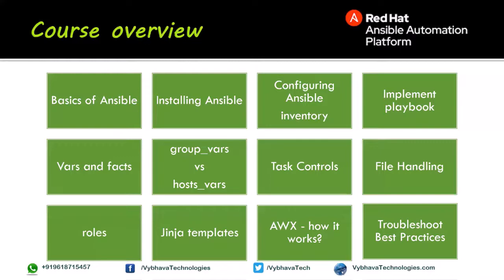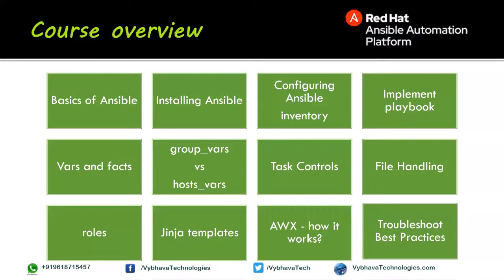YAML has one special capability. Just like in our VI editor or SED in Unix, it is going to find and replace. This find and replace in a programmatic way at runtime, if you want, then Jinja templates will work for that in Ansible playbooks.